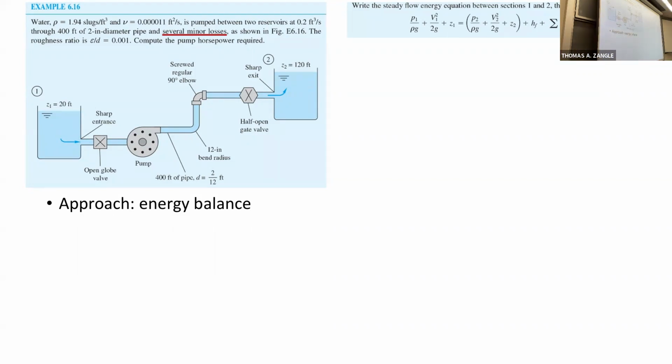Technically, the water levels are moving. I mean, in this type of problem, you'll see in the exam, I would give you, for example, the area of this, and you would see that the area of this is much, much larger than the area of the pipe. Or I would tell you that the area of this is really large, which tells you that the water level here is not going to change very much.